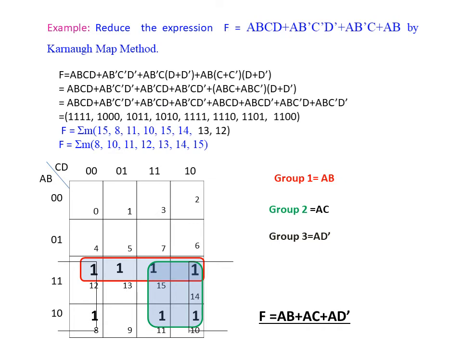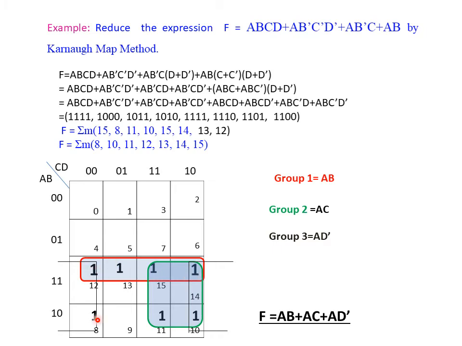In this question, the expressions are given. So first we are going to convert into standard SOP expressions, then find the equivalent decimal and apply it to the K-map. So first we find the equivalent SOP expressions, then we apply them to the Karnaugh map. In the Karnaugh map, these 4 ones are grouped and these 4 ones are grouped.